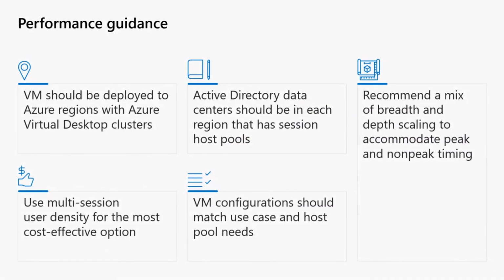Moving on to the next slide about performance. When it comes to performance, we recommend round-trip time latency to be within 150 ms if you want a better experience with AVD. The lower the RTT, the better the performance end users get. You can use different scaling options for pooled desktops to provide a better experience.